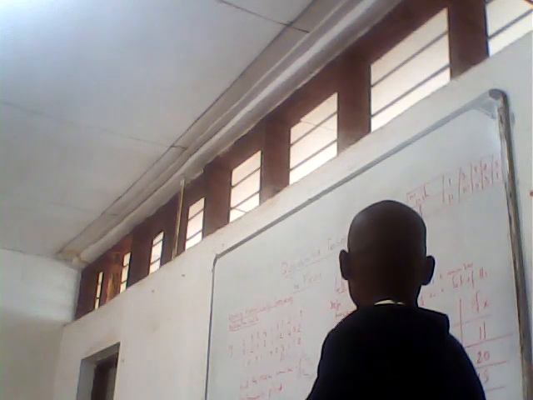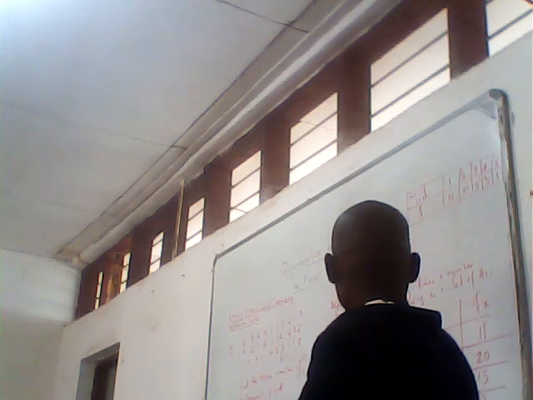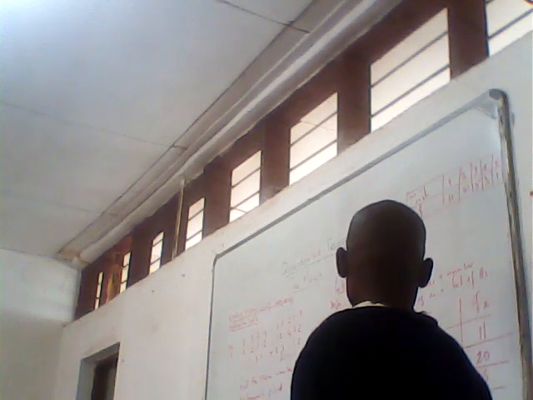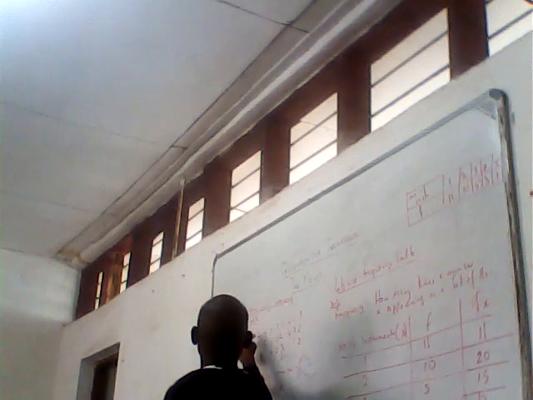So 11 plus 10 is 21, 26, 29, 30. If you sum up your F, it gives you 30. It means that there are 30 numbers here.